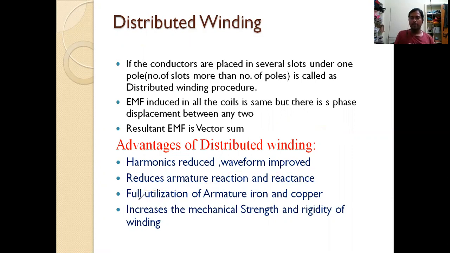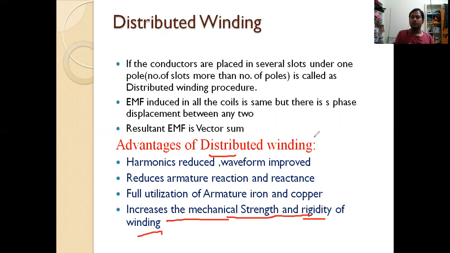There is also full utilization of armature iron and copper. Whatever armature slots, iron and copper are available, there is more utilization of the iron and copper in the distributed winding, and it increases the mechanical strength and rigidity of the winding.